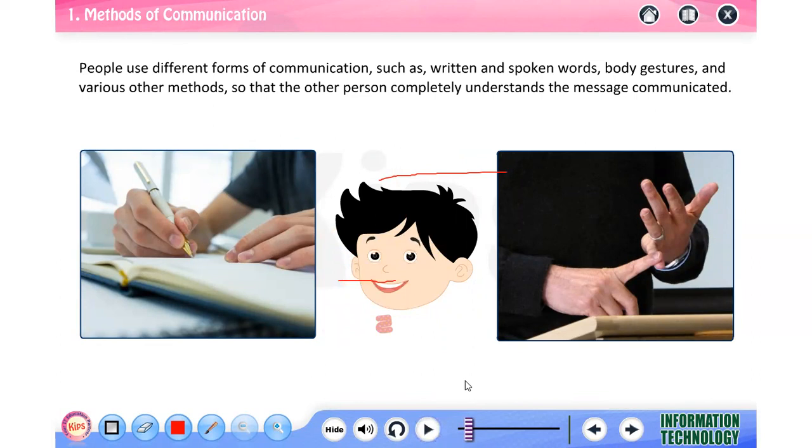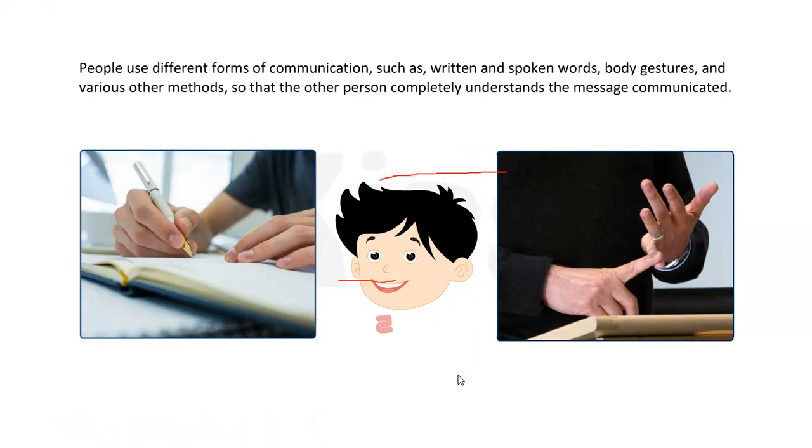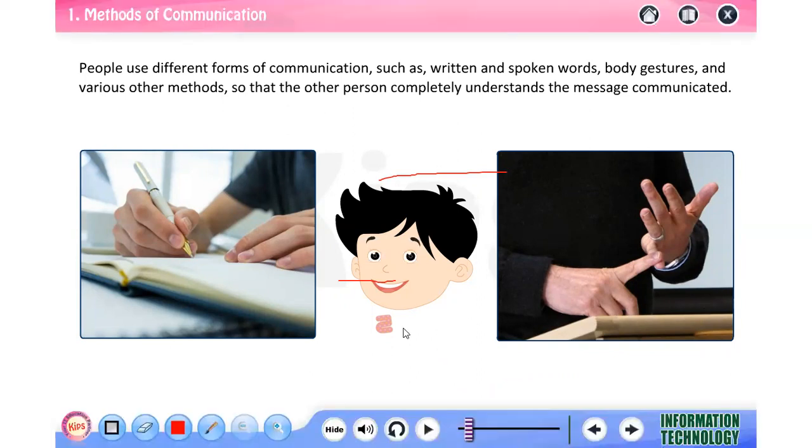People use various forms of communication: written words, spoken words, and body gestures. Written words means written communication, and spoken words means verbal communication. They use body gestures like nodding their heads so that the person completely understands the message communicated.